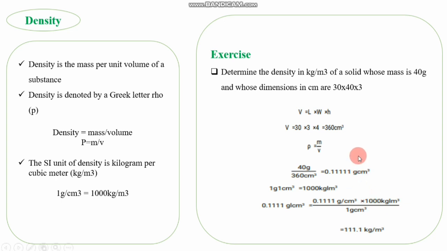There is an error here, this is supposed to be per cubic centimeters. Also we can convert to kilograms per cubic meter, the SI units. We just multiply by 1000, then the density will be equal to 111.1 kilograms per cubic meter.